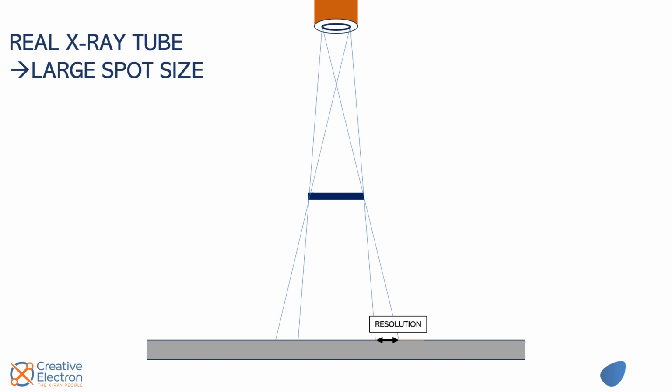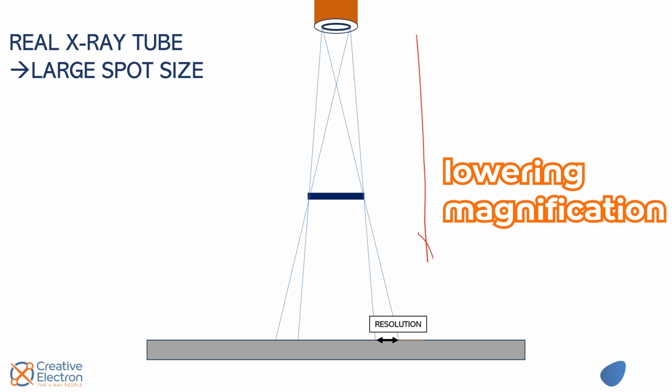So if you have a large spot size, as you can probably tell by now, that number is going to be larger, right? Because that penumbra that's going to be cast onto the detector is going to be larger. If you have the magnification change, as you can see here, I'm just lowering the magnification, moving the sample closer to the detector, right?